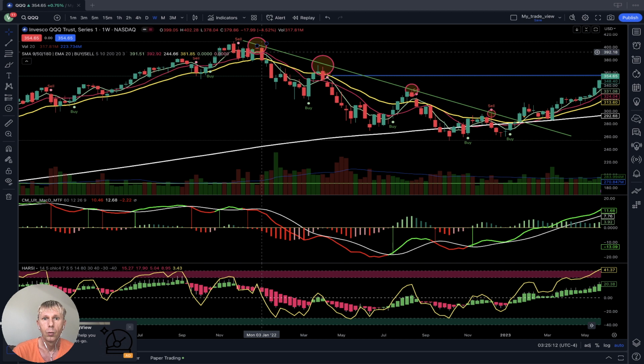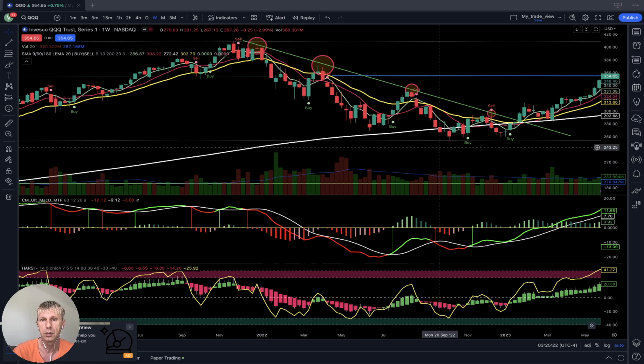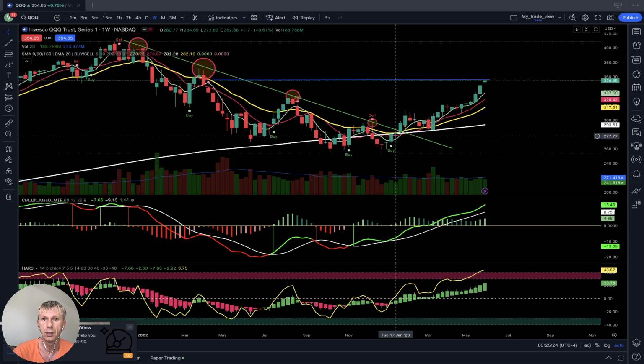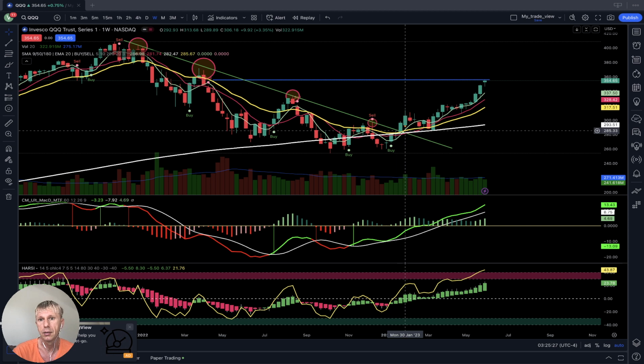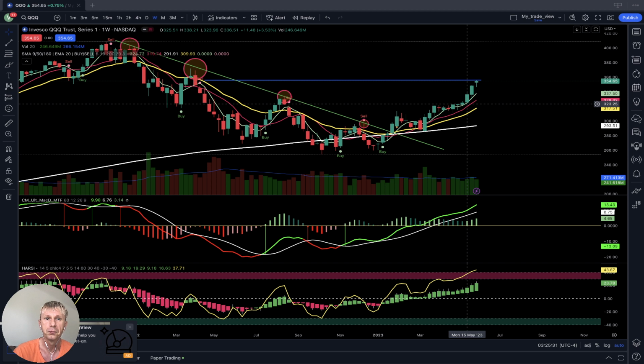When MA5 and 10 did a bearish crossover below the 20, and the 20 is a downtrend, with bars below the yellow line, it is a bearish trend. That's how it works. In January it did move above the yellow line, and so far it's still above the yellow line. It is a bullish trend.